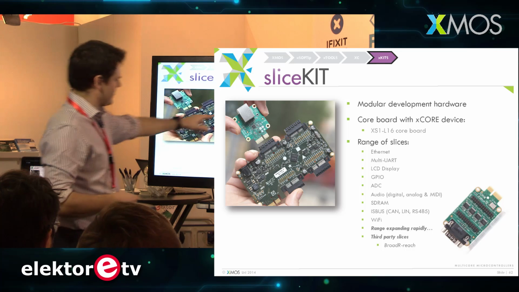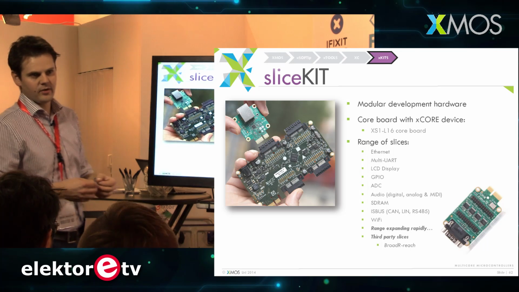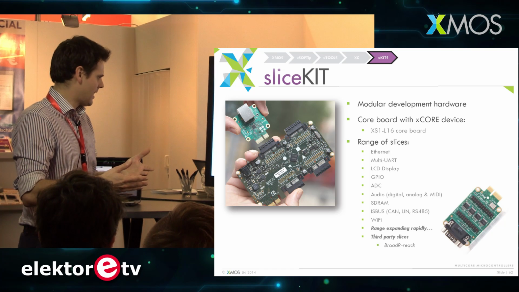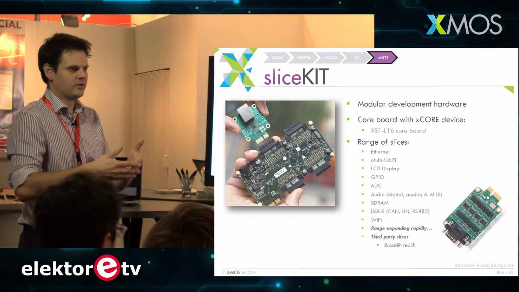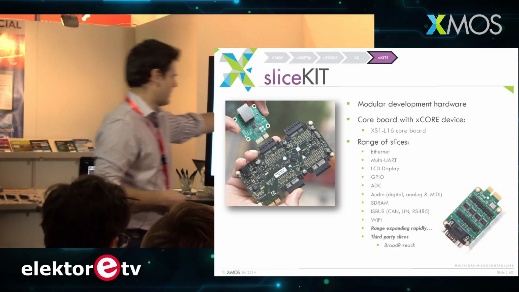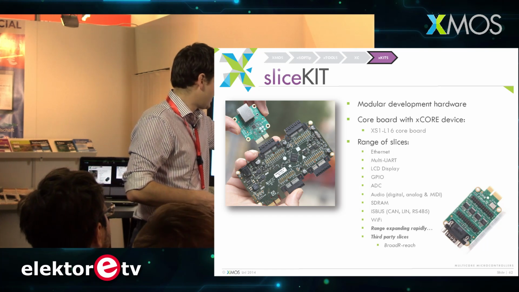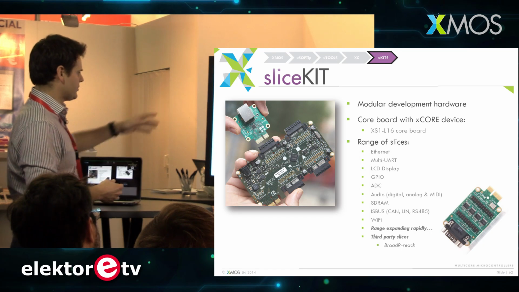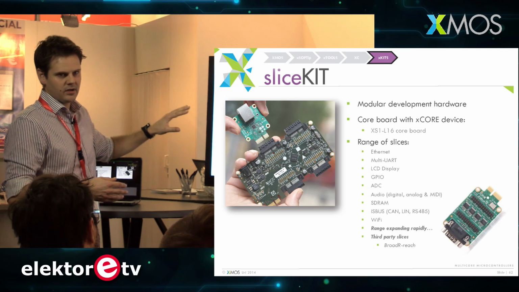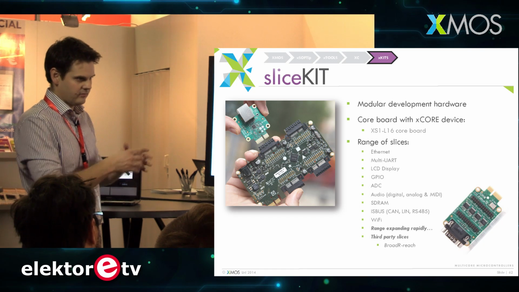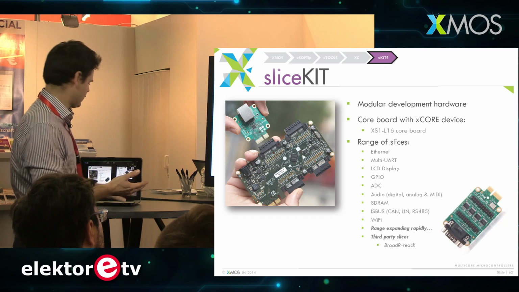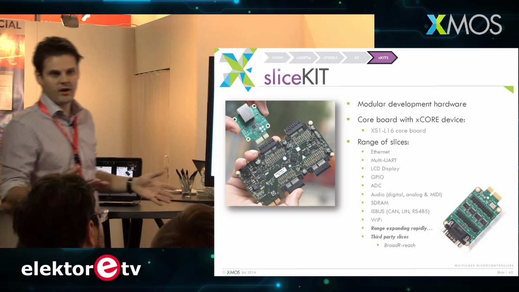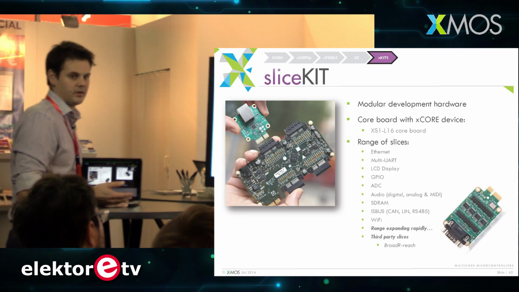This is a range of slices that allow you to construct your system, to evaluate it, and to develop with. Ethernet, multi-UART, LCD, GPIO, ADCs, SDRAM, Wi-Fi. All of the code, hardware resources, schematics, BOMs, etc., are available on the website, and you can get the dimensions of the slice and create your own slice with your own peripheral that you need to work with.